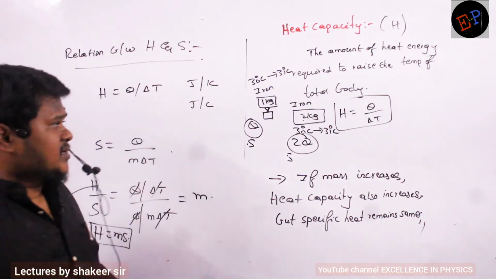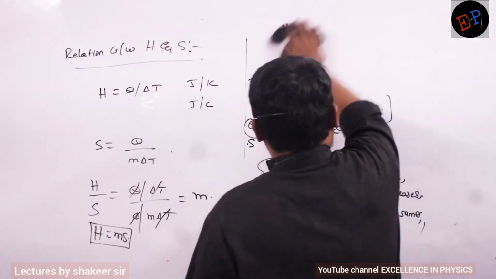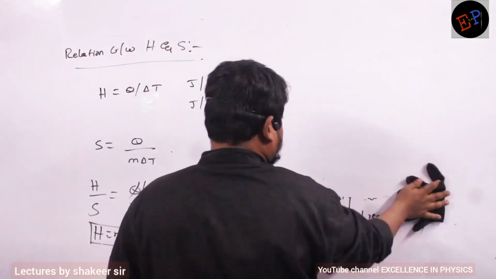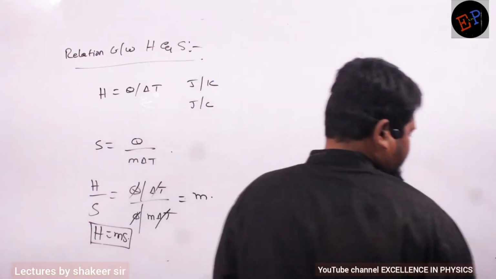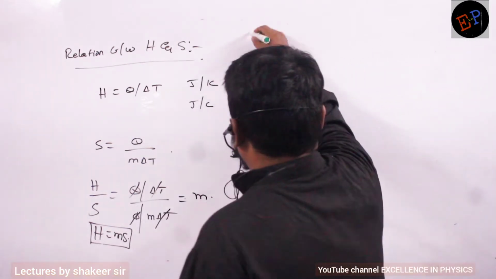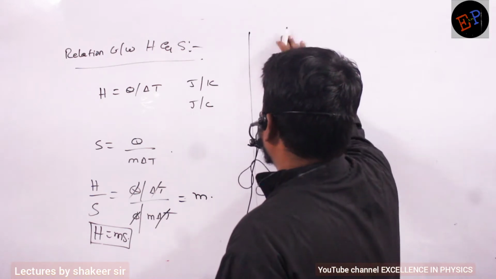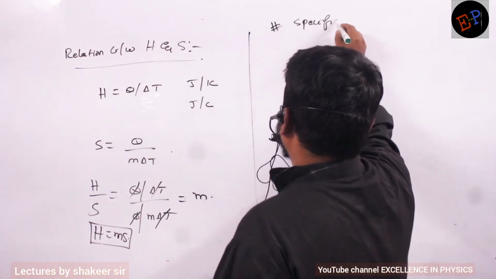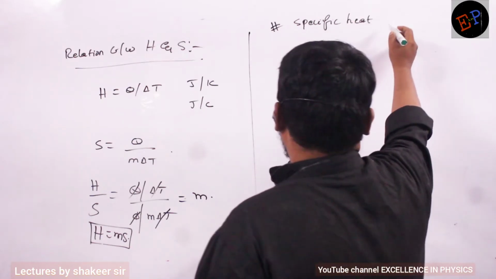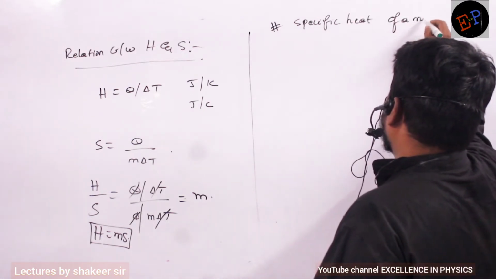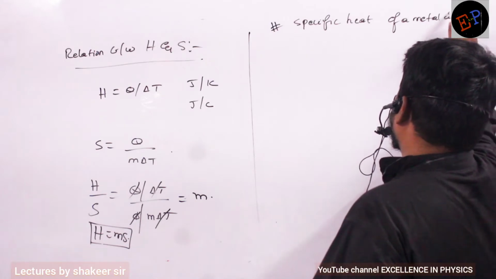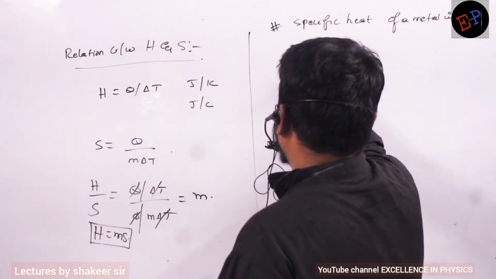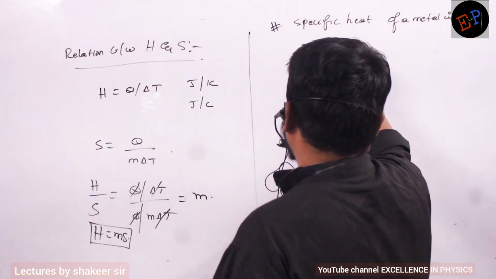For example, let us write a problem. The specific heat of a metal is 200 joules per kg Kelvin.